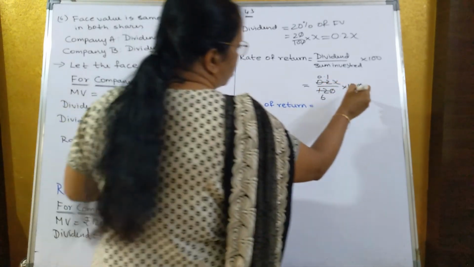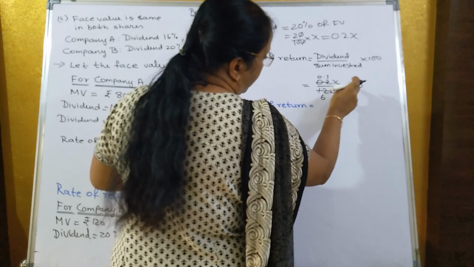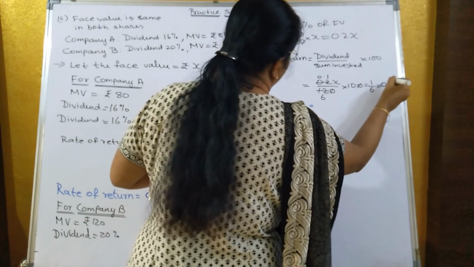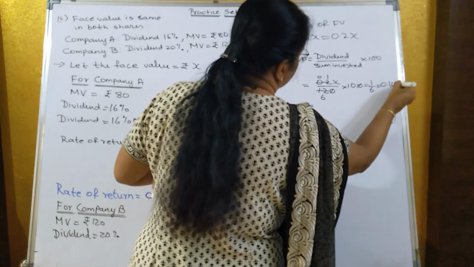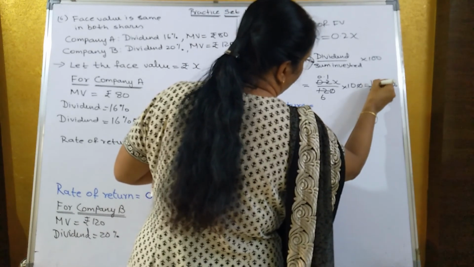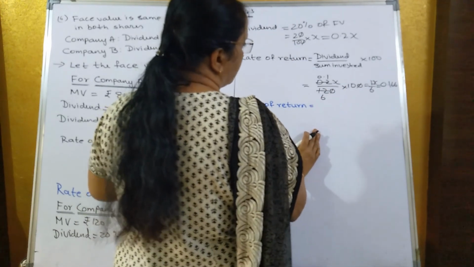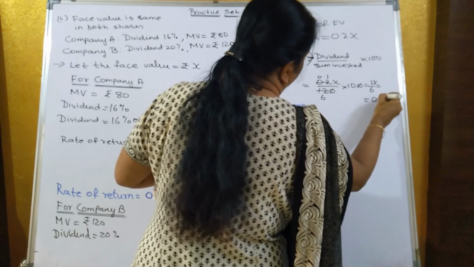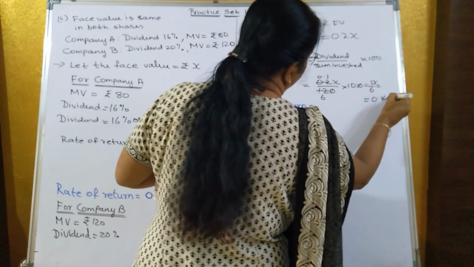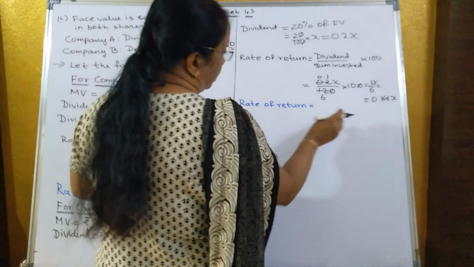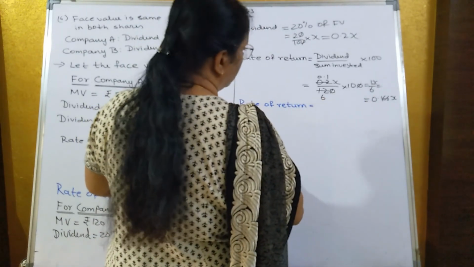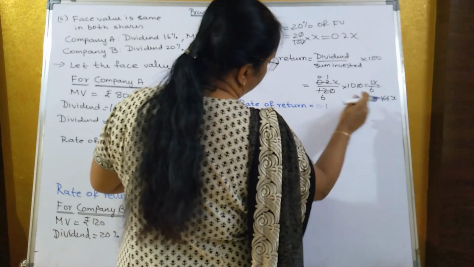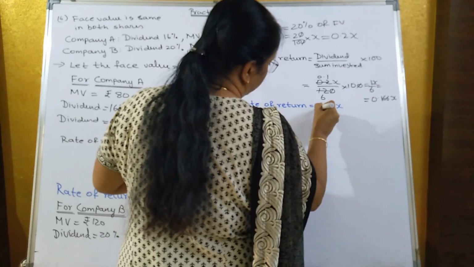When you multiply 0.1 into 10, you get 1x upon 6. When you divide 1 by 6, you will get 0.166 and so on, x. So you take only up to 2 numbers after the decimal. Since the third number is 6, it will become 0.17x.